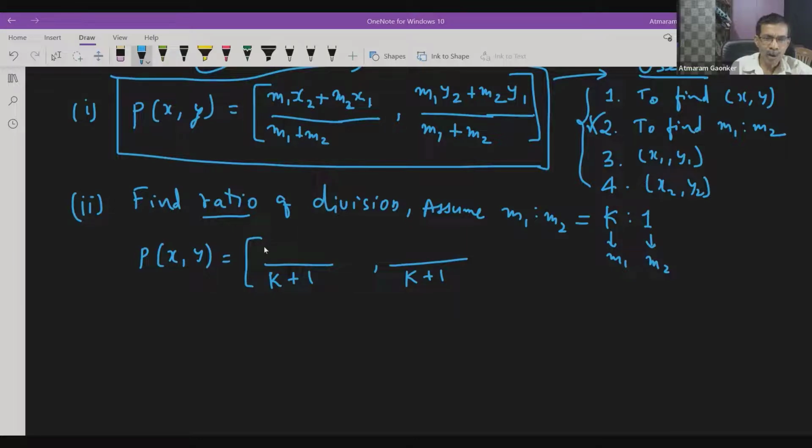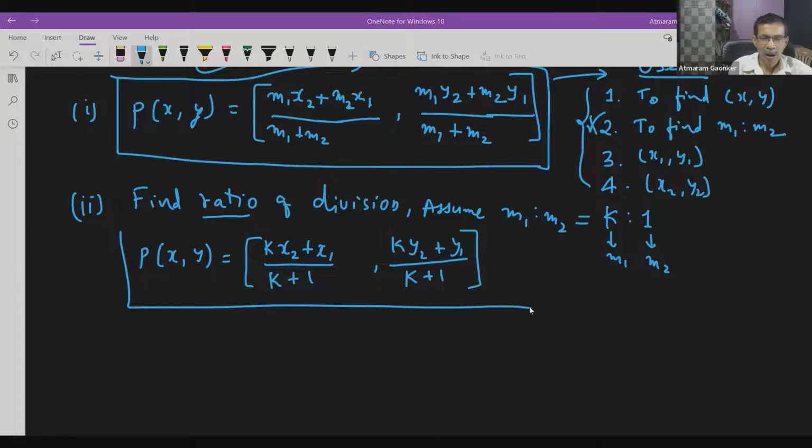So this will be kx2 plus x1 because m2 is 1, and this is ky2 plus y1. So this is another formula that you have to remember. It is a simplified formula of formula number 1. The only thing I have replaced: wherever there is m1, I have put k, and wherever there is m2, I have put 1, because I have assumed the ratio as k is to 1.